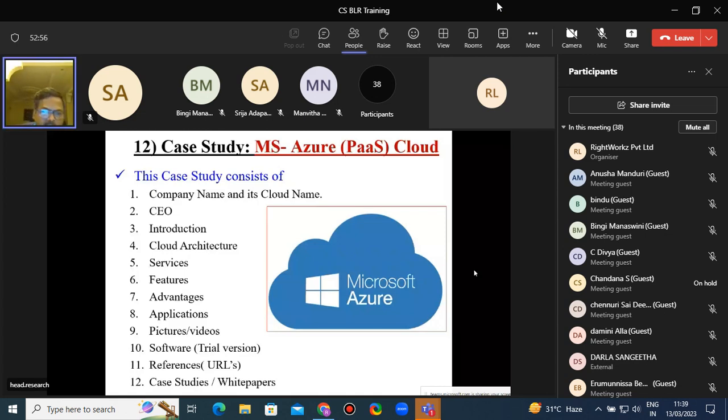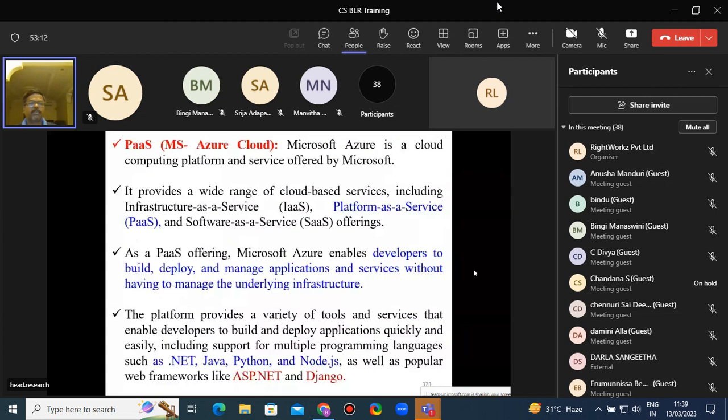Then introduction, cloud architecture followed by services, features, advantages, applications, pictures or videos, software file versions, references, URLs, case studies, white papers, etc.